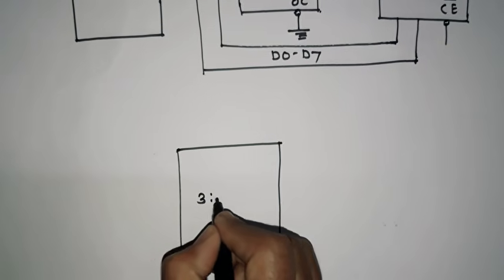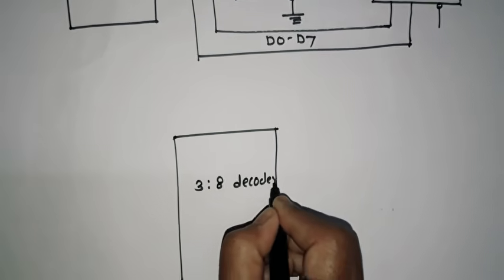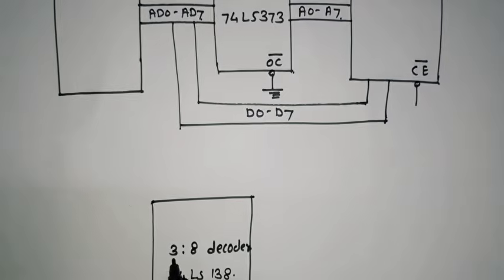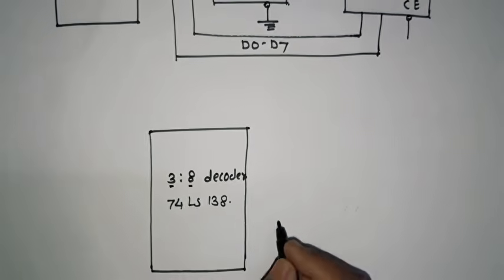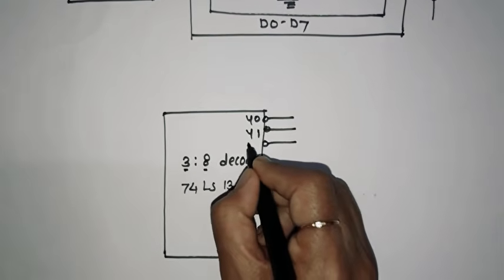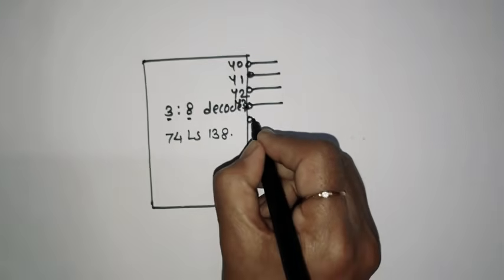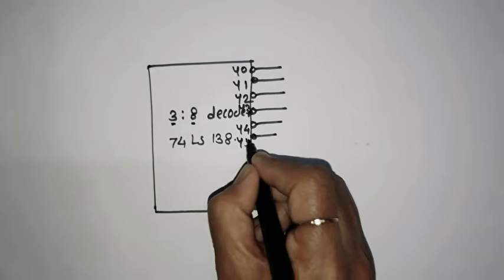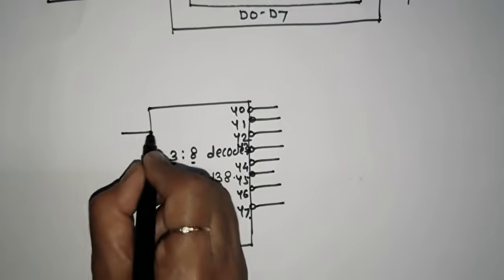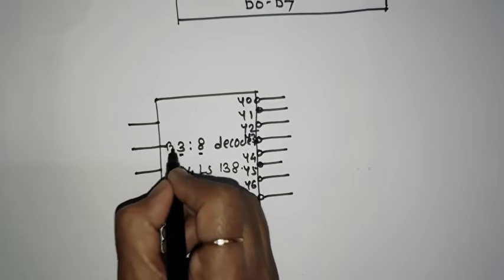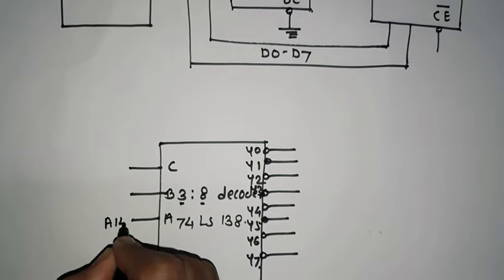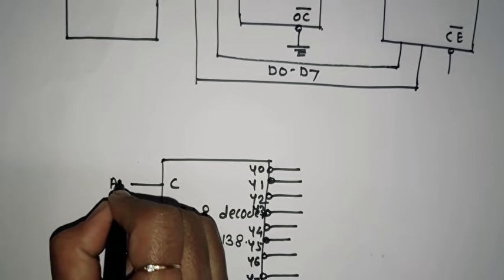This is the 3 to 8 decoder IC 74LS138. 3 means it has 3 inputs and 8 means it has 8 outputs: Y0, Y1, Y2, up to Y6 and last is Y7, and 3 inputs A, B, C. So we can use the remaining address lines at the input. I am connecting here A14, A13 and A12.